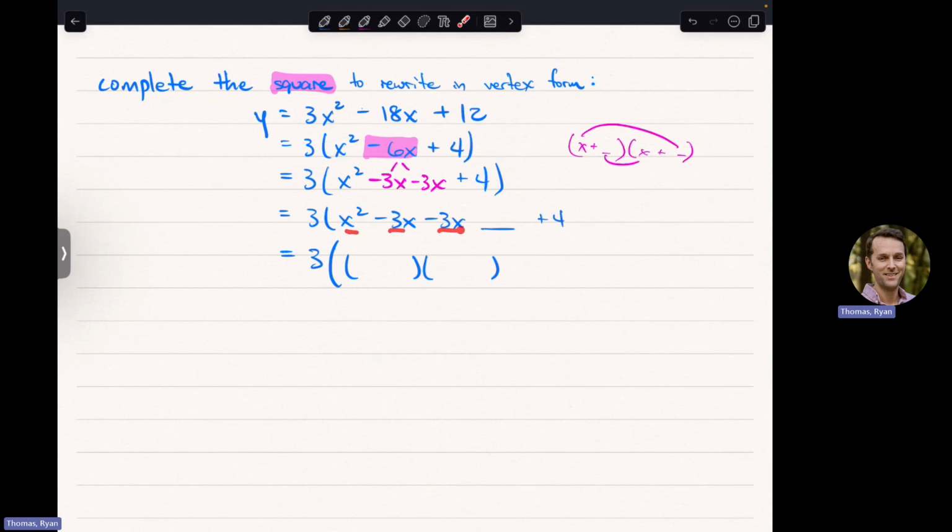So x squared minus 3x minus 3x would come from factors that look like that. If you think about expanding that, x squared, minus 3x, check, check, minus 3x, and then the part we're missing, which is where the completing in completing the square comes from, is that the last part of that product would be plus 9.